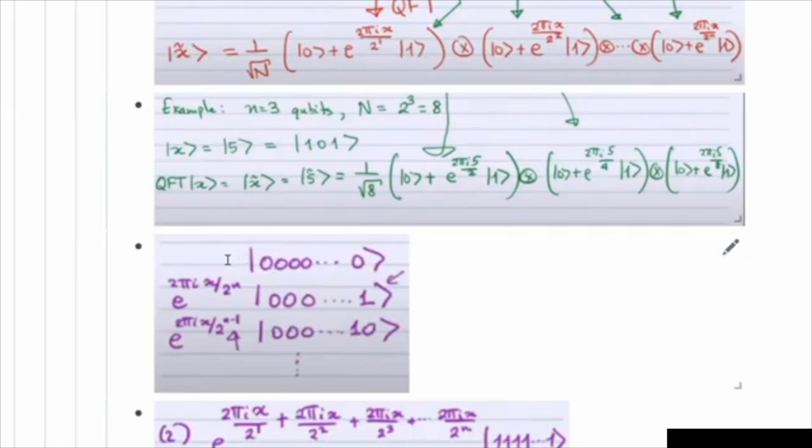Zeros, we don't touch zeros. And for the bit one, when it is at the least significant bit, the rotation is least. When it is moving towards the most significant place, the amount of rotation is increasing. Basically, the phase that we are adding is increasing, as seen in the denominator, right?